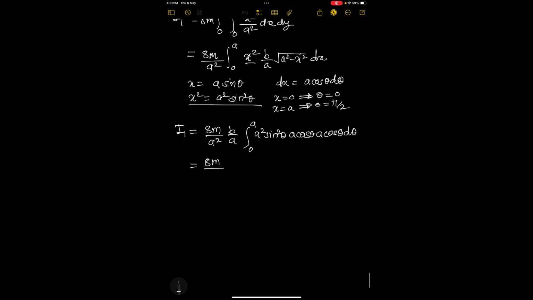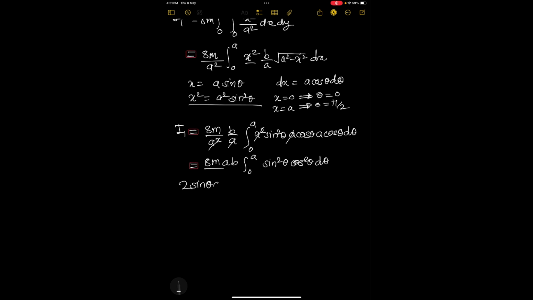We can write it as 8m ab, 0 to a, sin square theta cos square theta d theta.